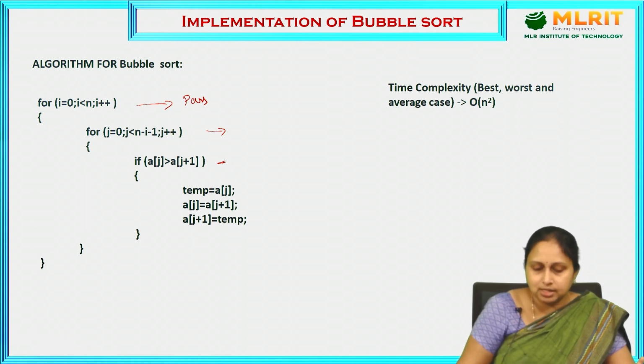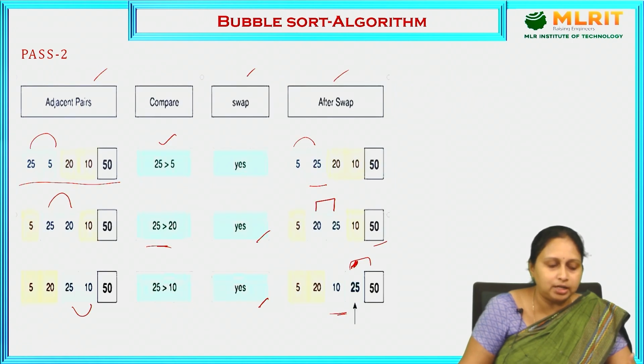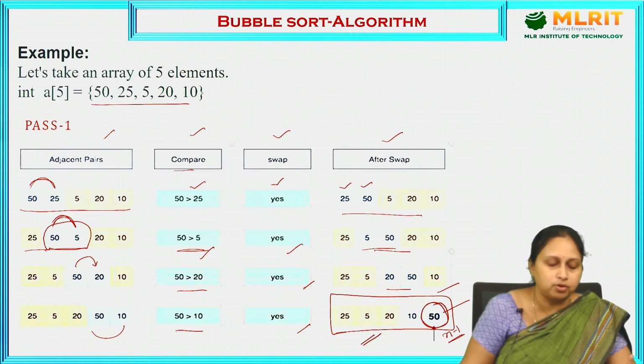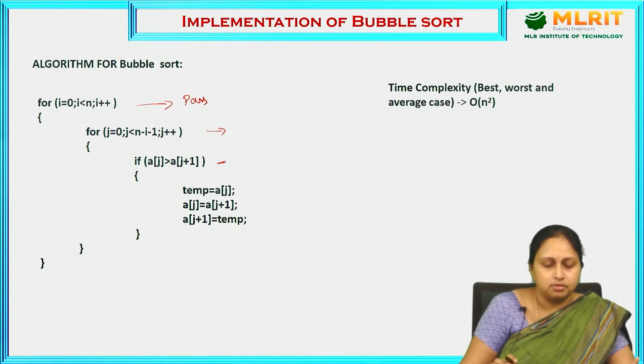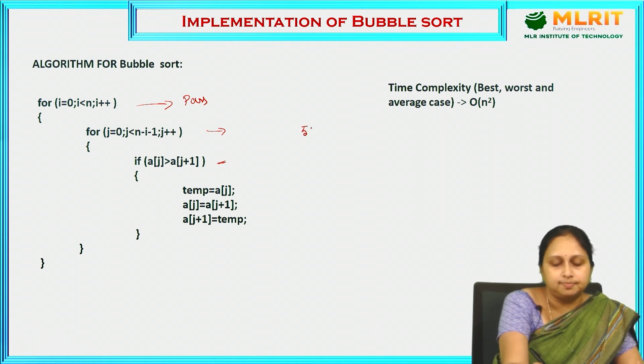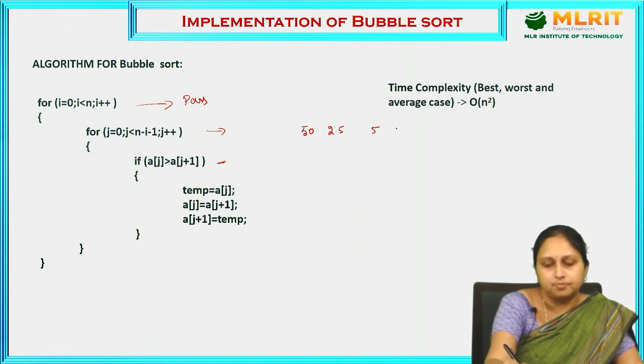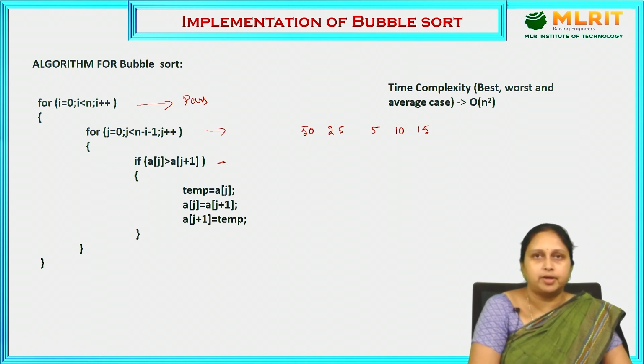Okay. Let us take the same example for one iteration. I will tell you how this is going to work. Take 50, 25, 5, 20 and 10. Consider these are the elements we have.